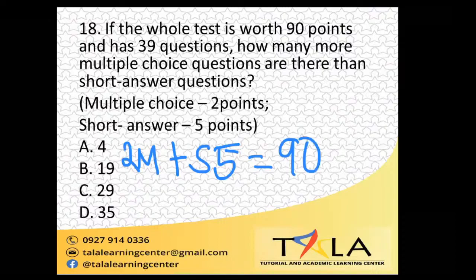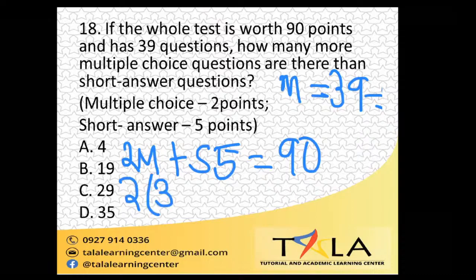So ganun ulit. The number of multiple choice question is 39 minus kung ilan yung short answer. So, 2 times 39 minus the short answer plus 5S equals 90.